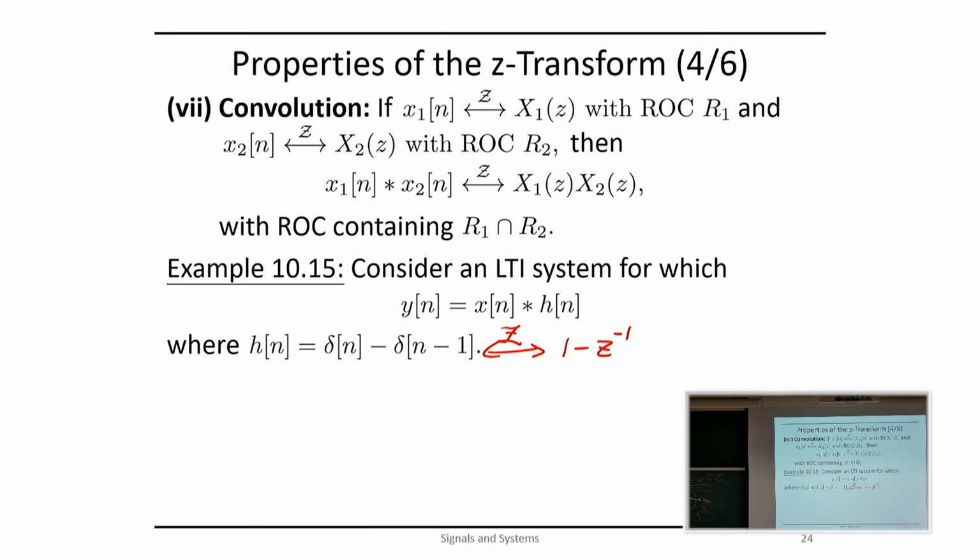So this is H of z, and the ROC is the entire z-plane except z equal to 0, because if z is equal to 0, this blows up and becomes unbounded.